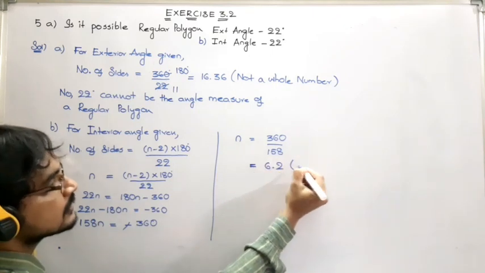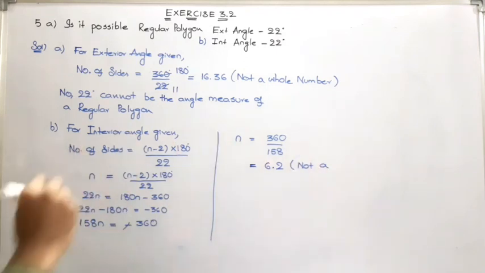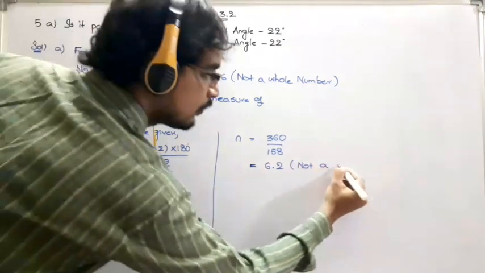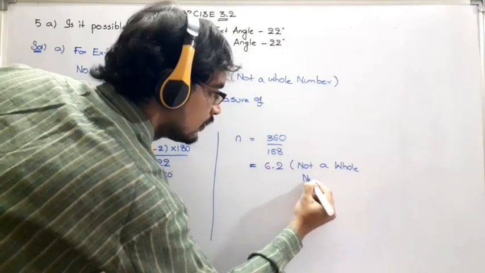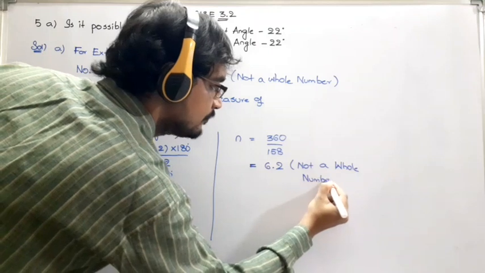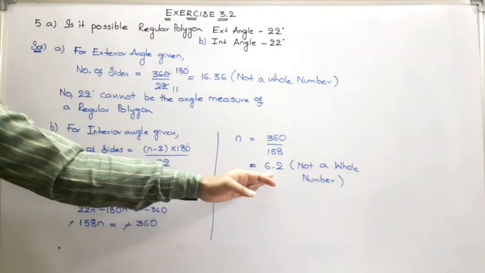So which is not a whole number. Here also we got the same thing, that the number of sides is going to be 6.2.